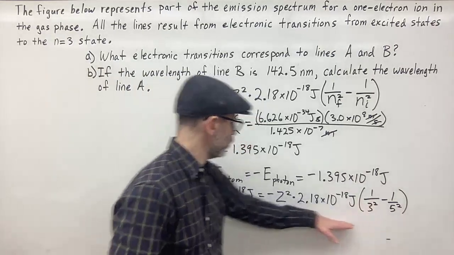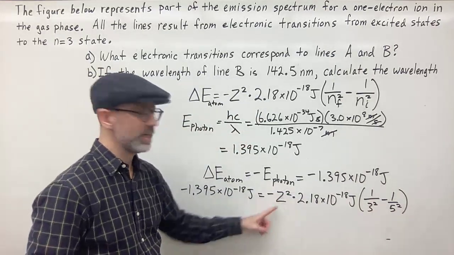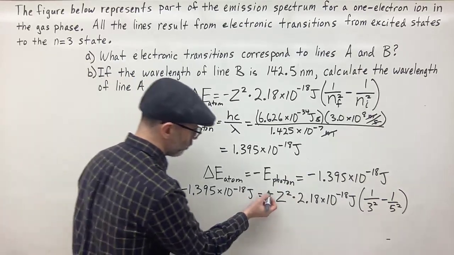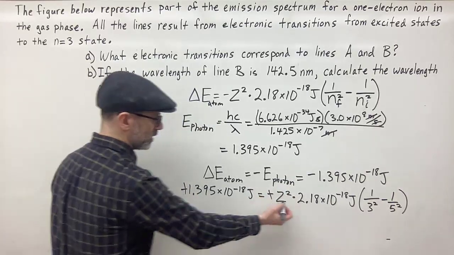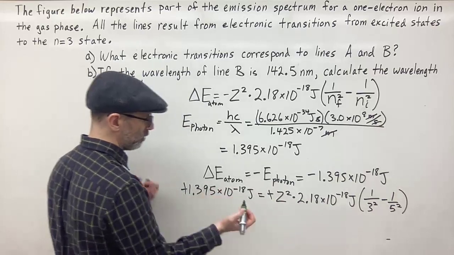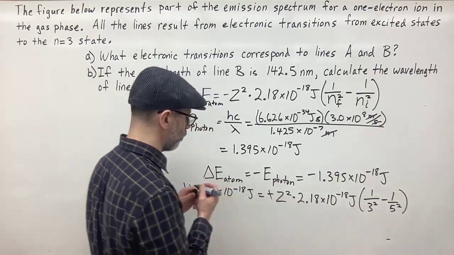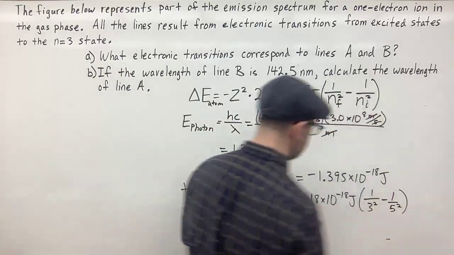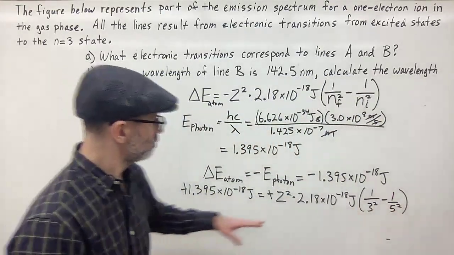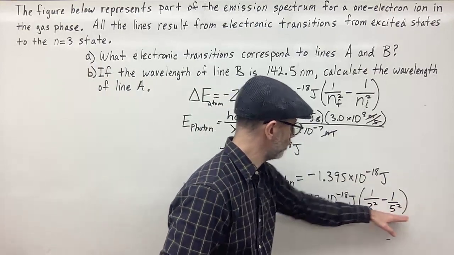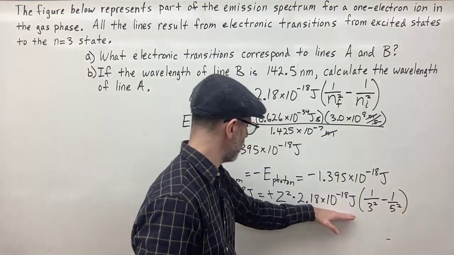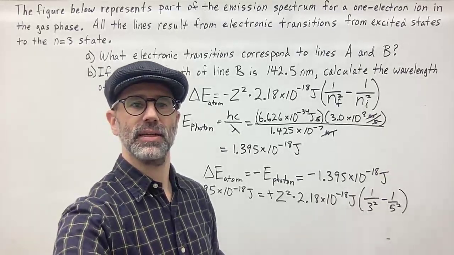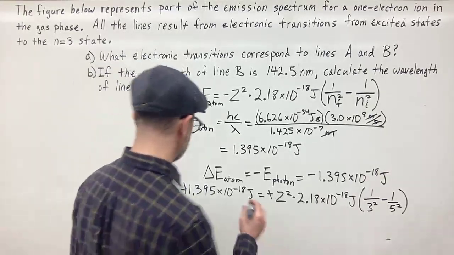And so now what I can do is I can solve for z. So notice I have negative over here and negative over here. So that's going to become positive because I can divide both sides by the negative and it becomes positive. So that cancels out. And then I can figure this out here, right? So figure that out, subtract these two, multiply by this. And when I do that, let's do this step by step.